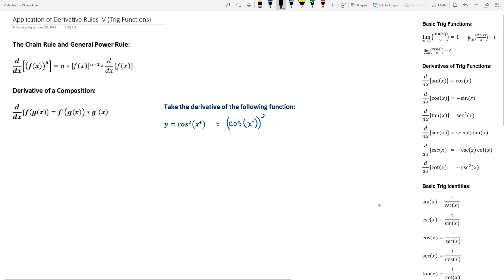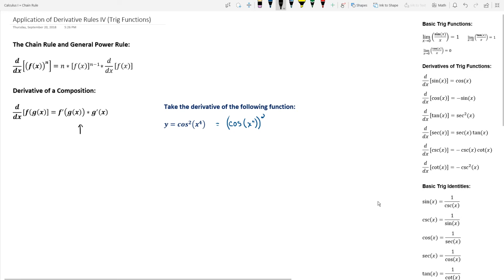And this is a little tricky because we do want to make sure that we're dealing with the outside and then the inside. Cosine is considered part of the outside. Because of that, we need to remember also not just the chain rule and general power rule, but also our derivative of a composition and how that works.